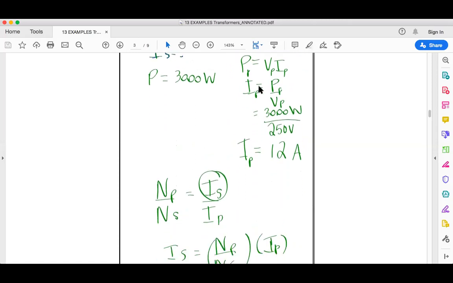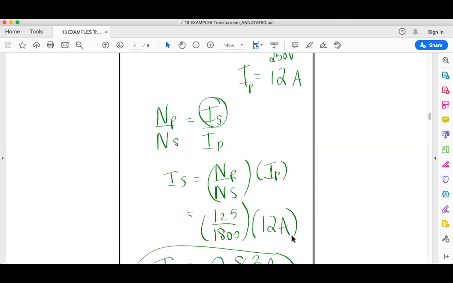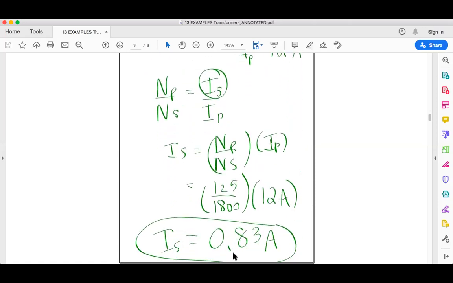So we actually have to use both the power equation and the ratio, the relationship between the number of loops and current. So we get that the secondary current is 0.83 amps, which is as many times smaller compared to 12 as 1800 is bigger than 125.